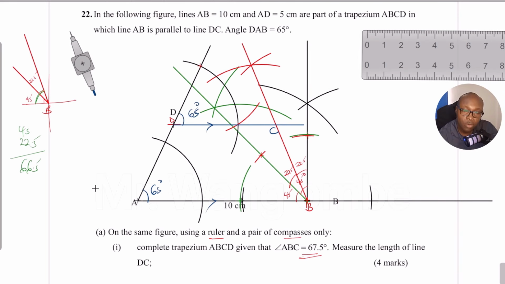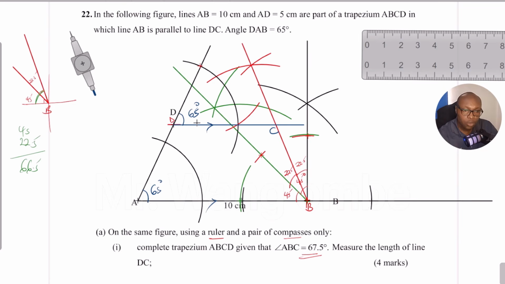Those are corresponding angles in a transversal. And that is the method that I've used to draw a line parallel to AB, passing through D. That is how I've got that line.